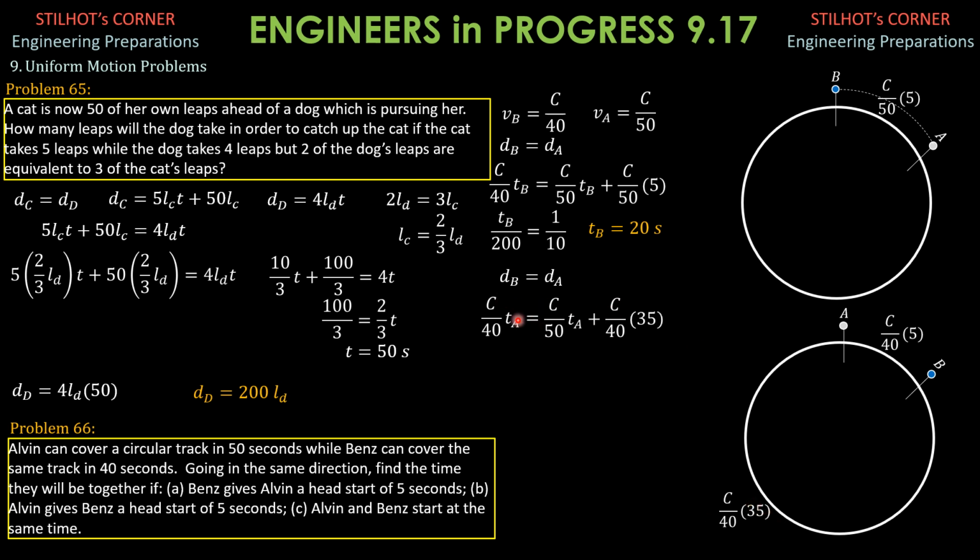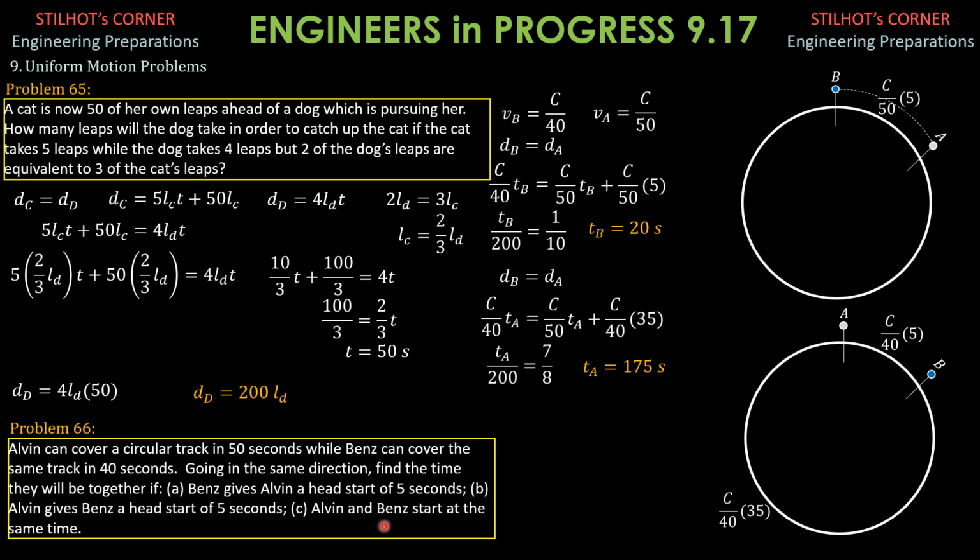Canceling out C again, 1 over 40 t sub A minus 1 over 50 t sub A is t sub A over 200, and 35 over 40 is 7 over 8. So cross multiply: the time that Alvin must run in order to be caught by Benz is 175 seconds, so that they will be together.